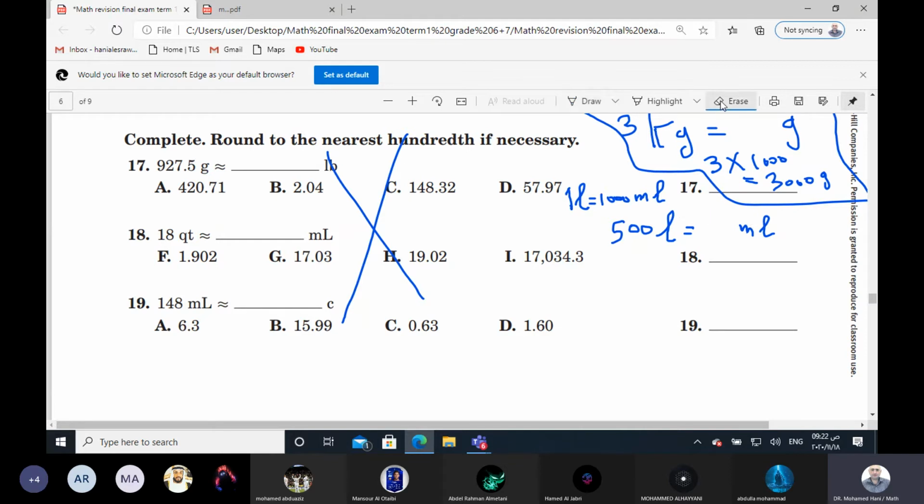But if I switch, if I write here milliliter, now from a small unit to a big unit, now 500 milliliters is 0.5 liter, right? Do divide now. So we can write 500 divided by the relationship between them, which is 1000.